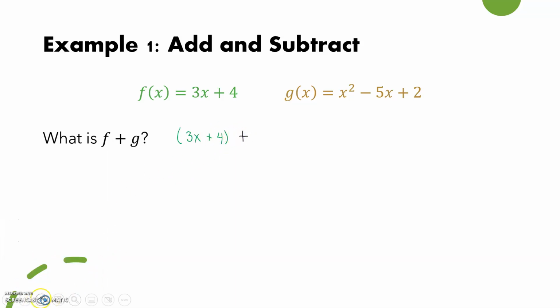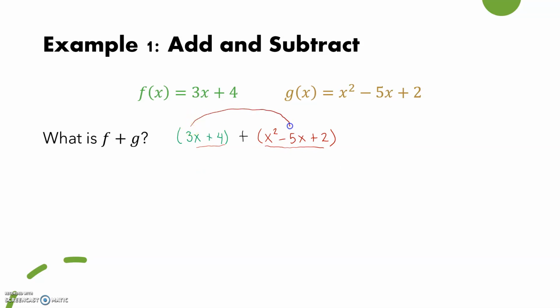When we do this, we don't have to worry about what's inside of the parentheses unless there's something to do inside of the parentheses. So I wrote it with parentheses so you could see that I was doing f plus g, but inside of this parentheses, there's nothing to do. So I would just have 3x plus 4. And inside of this parentheses, there's also nothing to do. So I'm going to then just gather my like terms.